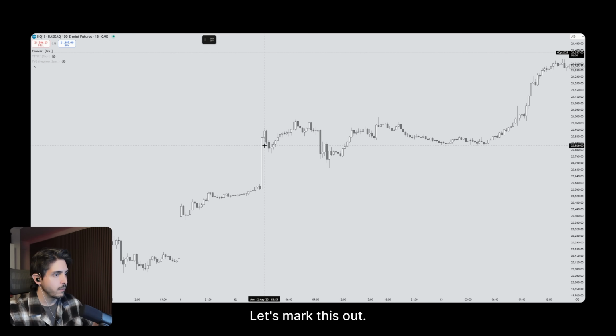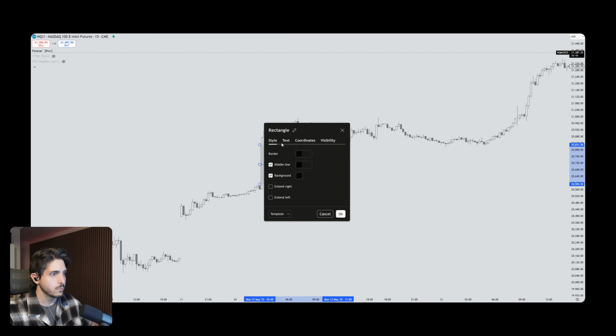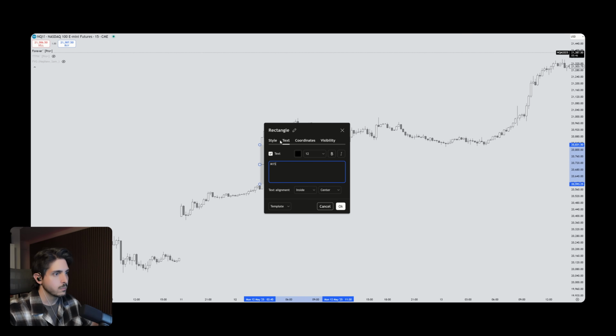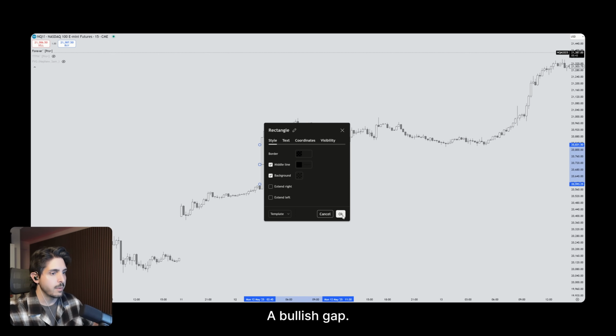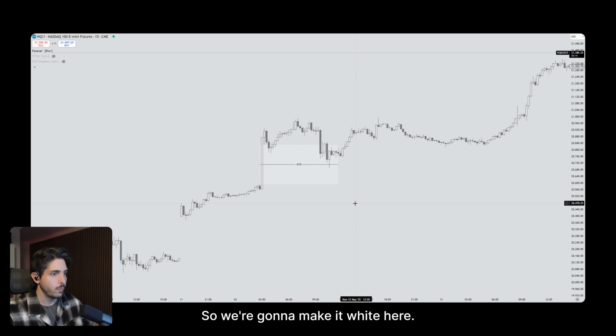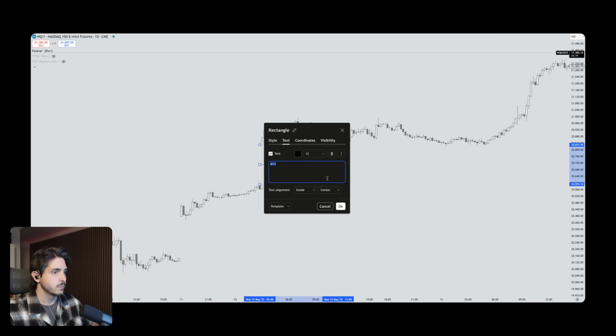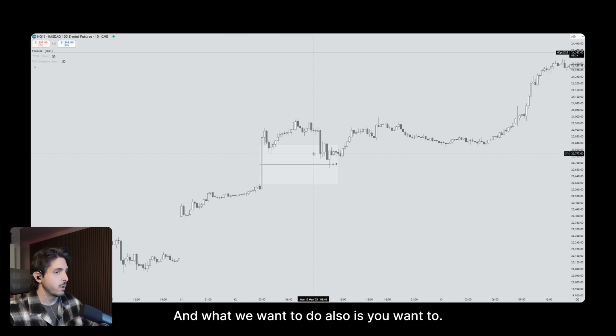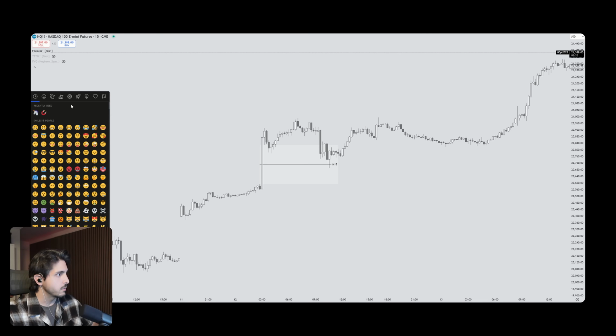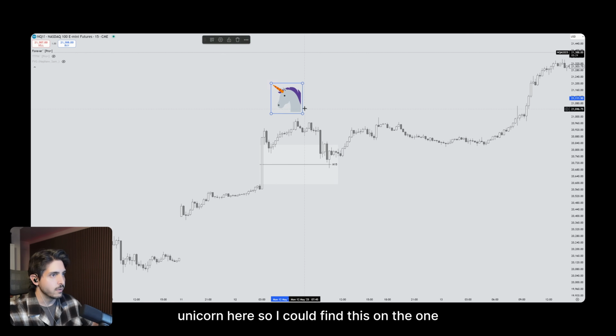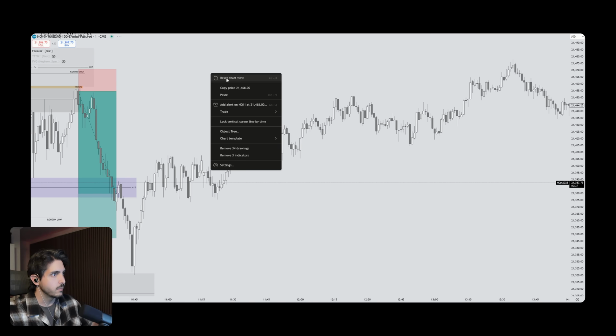Okay, let's mark this out. It's a bullish gap. So we're going to make it white here. And what we want to do also is I'm going to put the unicorn here so I could find this on the 1 minute, because I might not be able to find it.